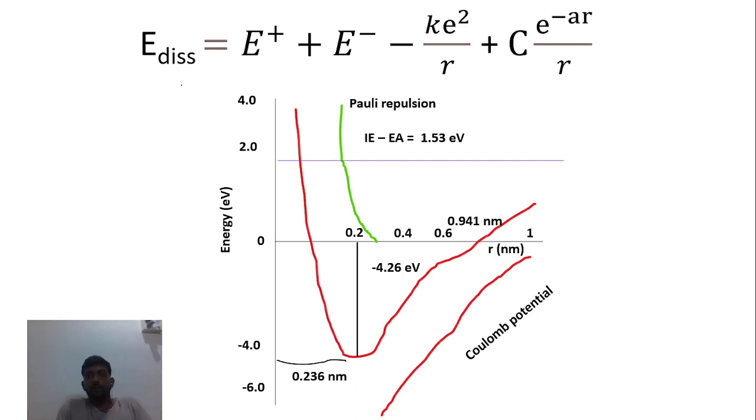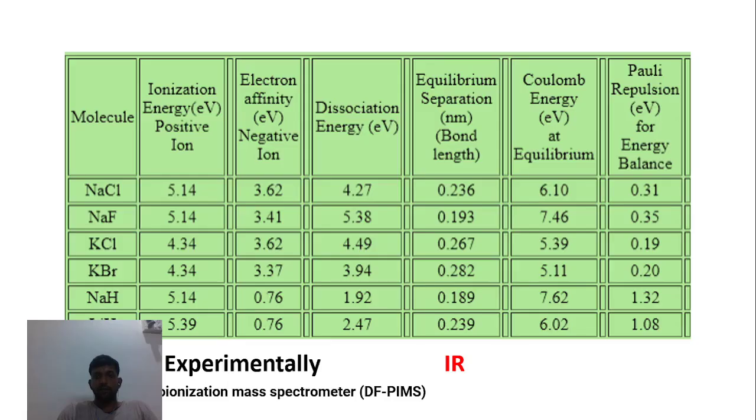These are the parameters you need whenever you try to model an ionic system or ionic bonding. So can we estimate the Pauli repulsion term? Is the Pauli repulsion term so important that we have to consider it?